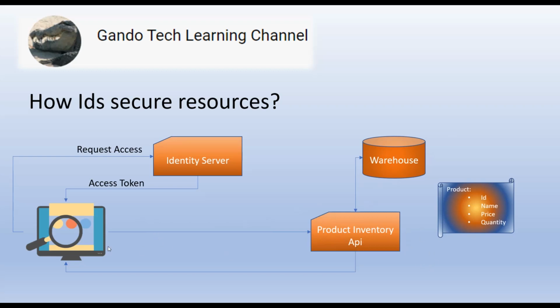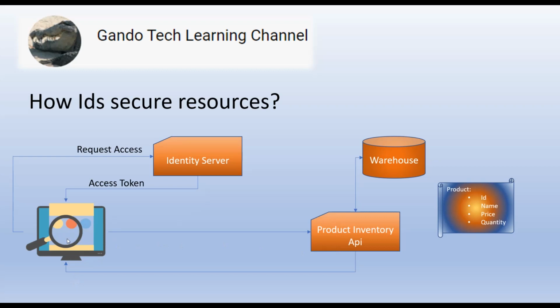But now, in this video and this architecture, we are adding a new component in the middle, to make sure the client is validated and authorized to access the inventory.